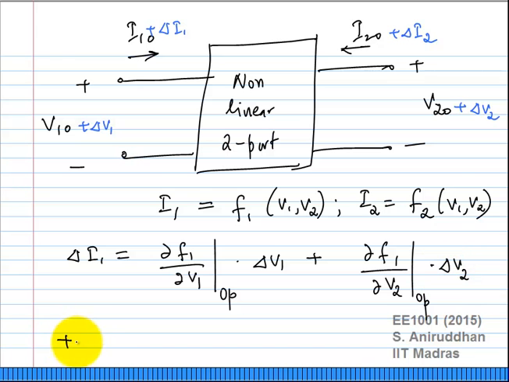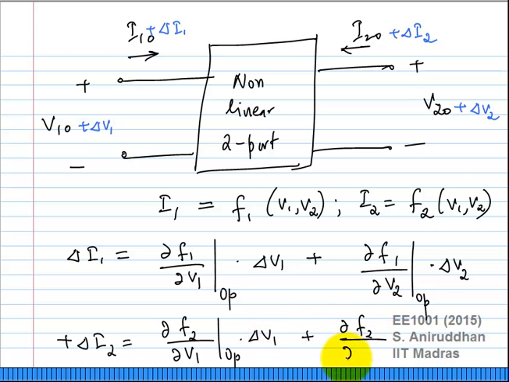Similarly, delta I2 is dou f2 by dou v1 times delta v1 plus dou f2 by dou v2 times delta v2. Okay, you can write the relationships between delta i's and delta v's in this form.